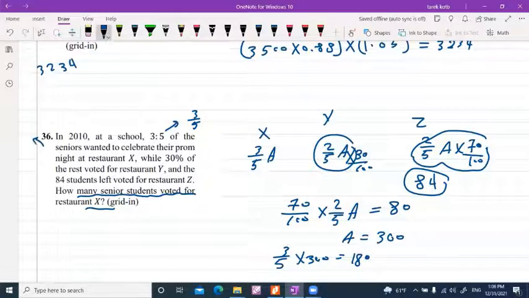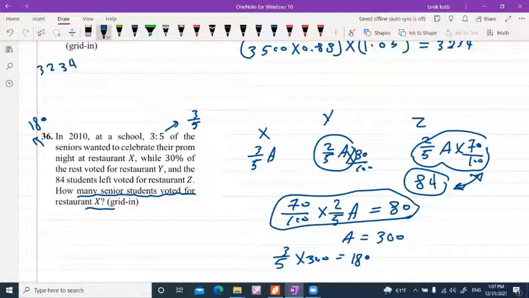Again, this problem: 3/5 of the seniors voted for X, which means 2/5 voted for Y. But he said that 30% of the rest, 30% of the 2/5, voted for Y. That means 70% of the rest, which is 2/5 A, voted for Z, and this is represented by 84 students. So I can make an equation here, get A, which is the number of the seniors, and then get the 3/5 of A, which is 180.